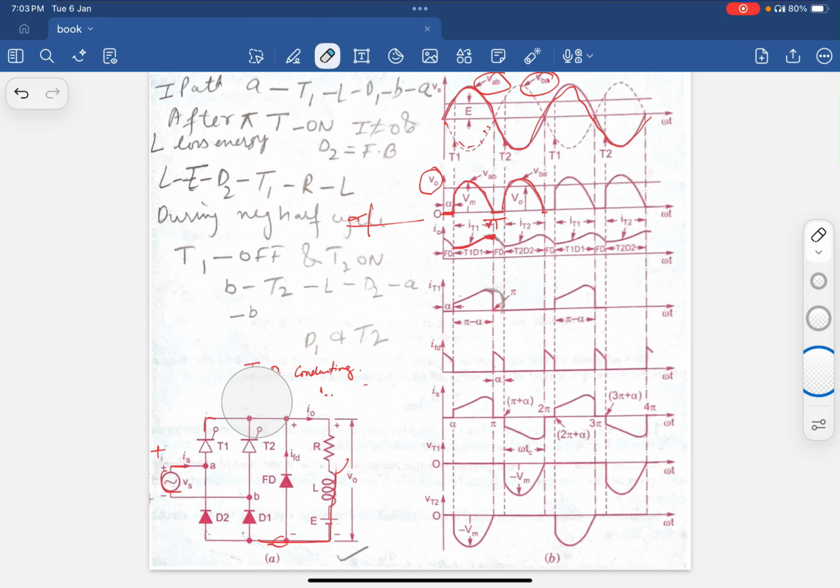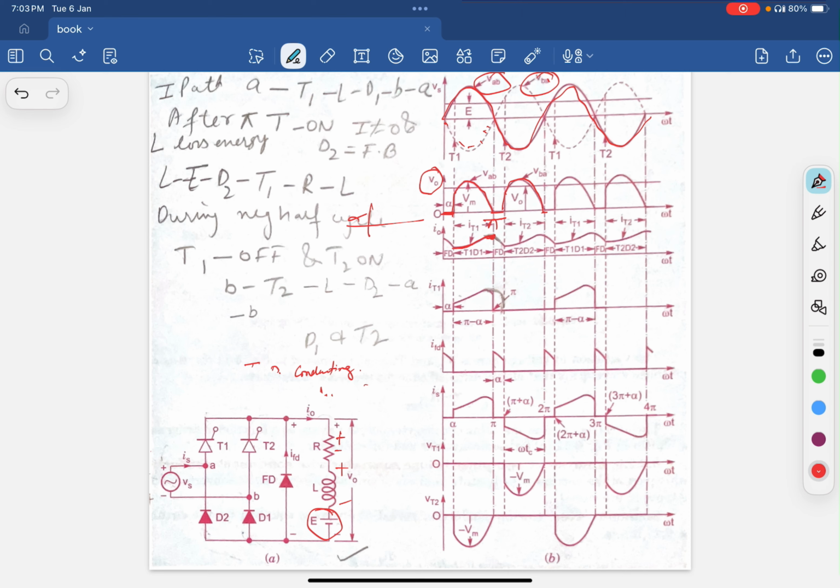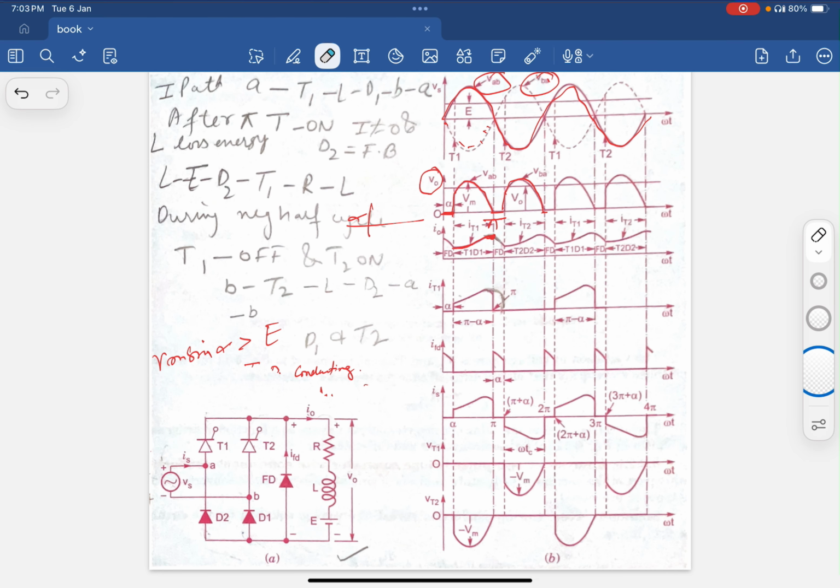Before the supply reverses, the inductor is in series with the resistor and the battery E. The Vm sin alpha, that is our source voltage, should be greater than E. Otherwise no current will flow through the circuit. So we have to remember this.